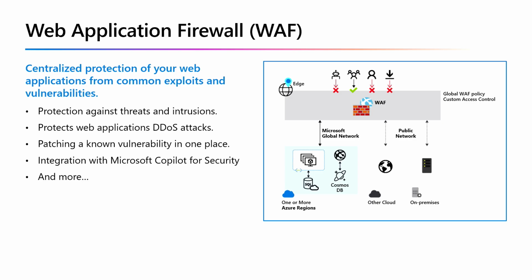A centralized WAF helps to make security management simpler and improves the response time to security threats. In addition, it allows patching a known vulnerability in one place instead of securing each web application. A WAF also gives application administrators better assurance of protection against threats and intrusion.